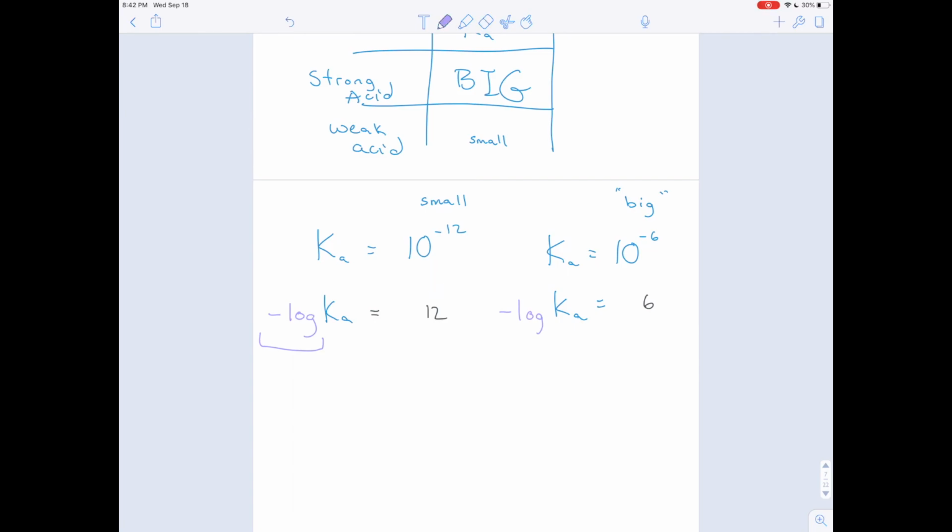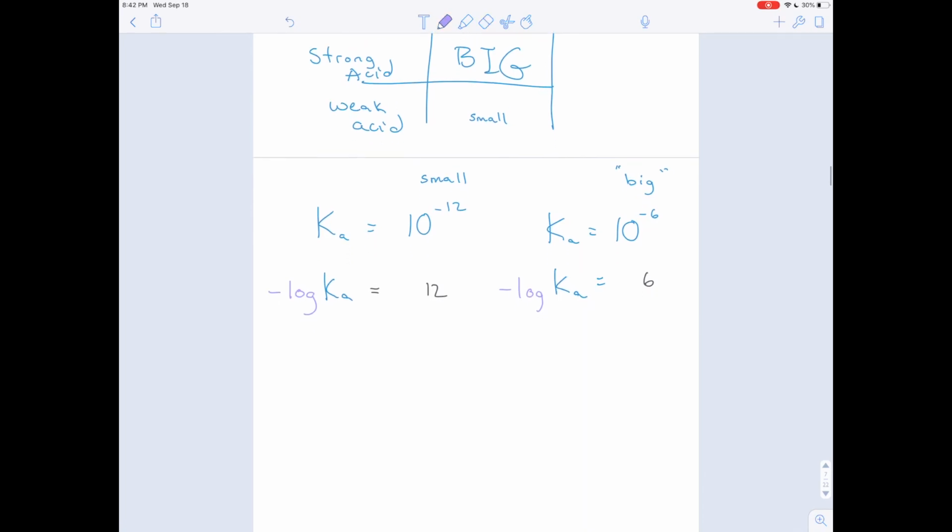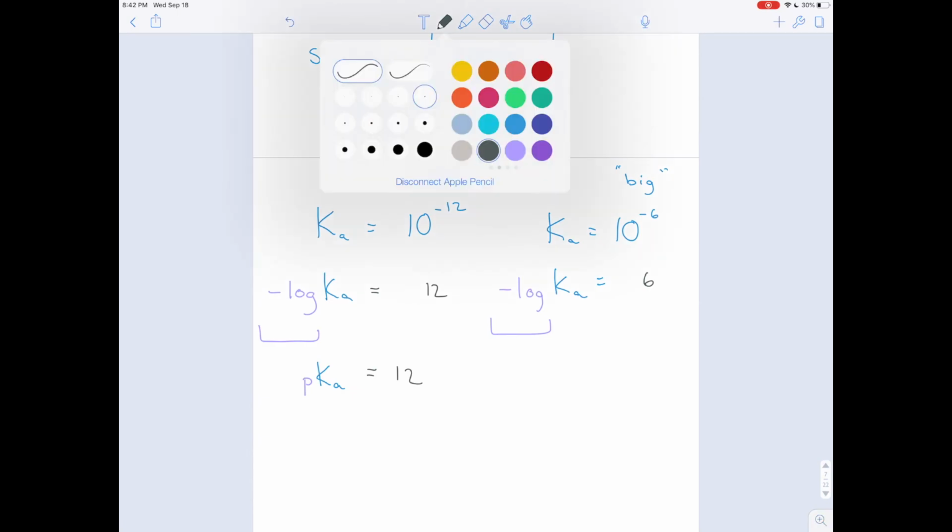And because you do something all the time, just like somebody you know really well, you see them all the time, you come up with a nickname for them. The nickname for that negative log is a lowercase p. So the negative log of the Ka, you could say that same thing by calling it the pKa. That's 12 for the left one.